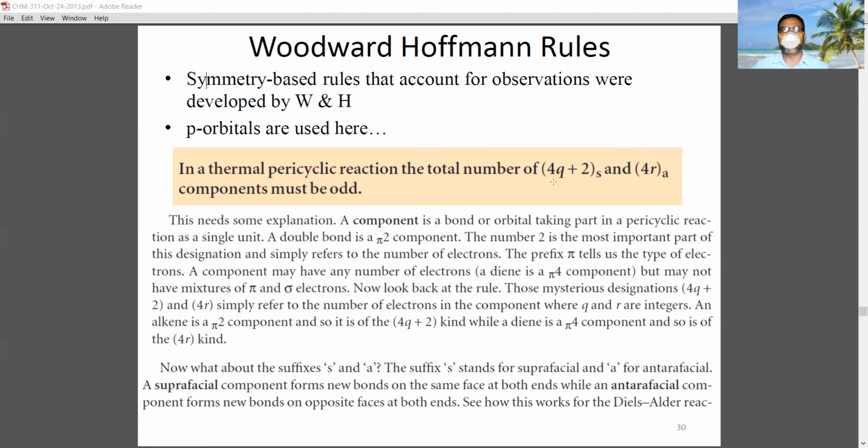I am talking about this 4q+2s, 4ra. Then I am talking about this s for suprafacial, a for antarafacial. Then 4q+2 and 4r system. So 4q+2 pi 2 system means the dienophile and diene pi 4.